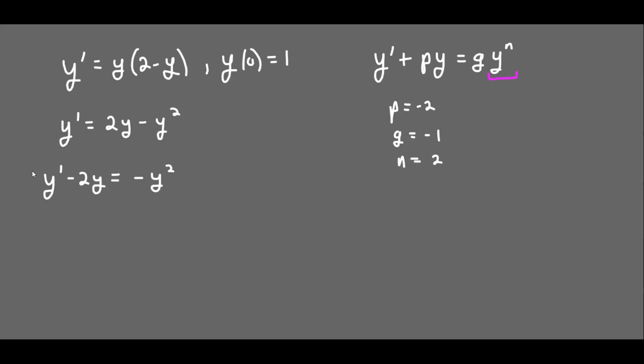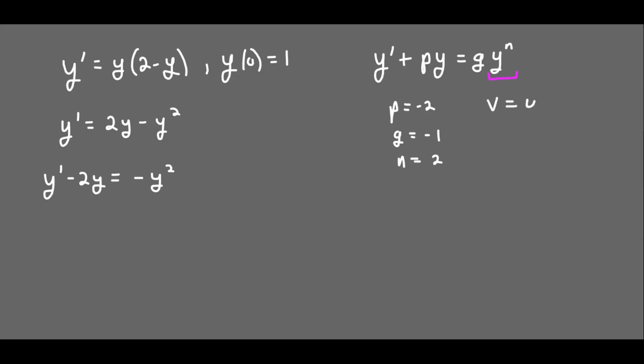So the way to solve a Bernoulli equation is we're going to make a substitution, and that substitution will turn it into a linear equation. So it's nonlinear currently because of the y squared. We're going to make it linear by making the substitution. And the substitution you make is always, we like to use the variable v.